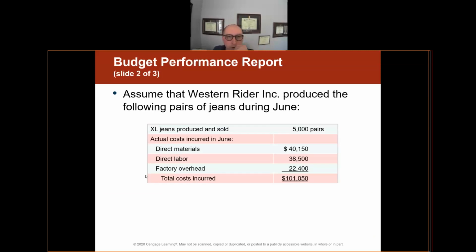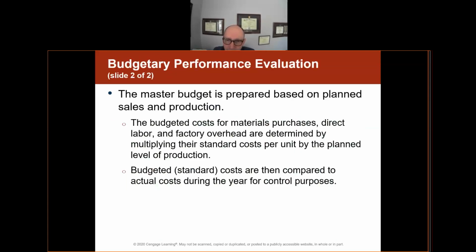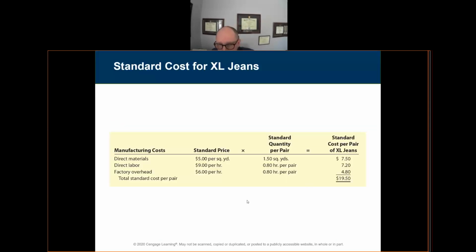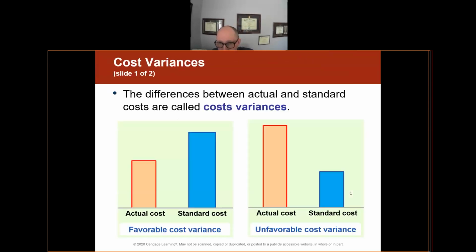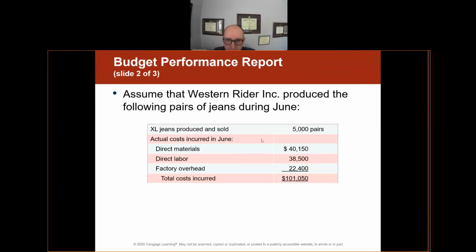Okay, so looking at our earlier example, our company, Western Ryder, we manufacture blue jeans. During the month of June, our company manufactured and sold 5,000 pairs of extra large blue jeans. Each pair of extra large blue jeans, if you remember, the standard cost per pair was $19.50.